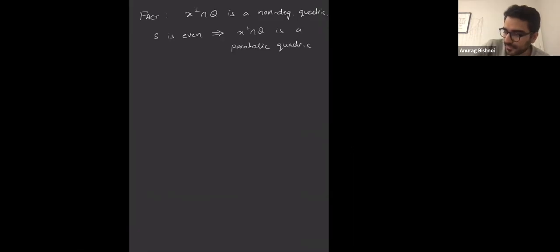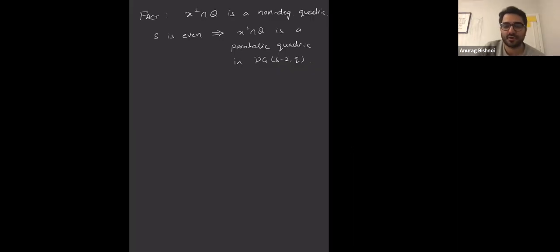quadric in PG(S minus 2, Q), right? If S is even, then S minus 2 is even. And in even dimensional projective spaces, there is only one kind of non-degenerate quadric, the parabolic ones. For odd dimensions, we have the hyperbolic and elliptic, but here we only have one kind. In fact, that's the reason why it's a regular graph.